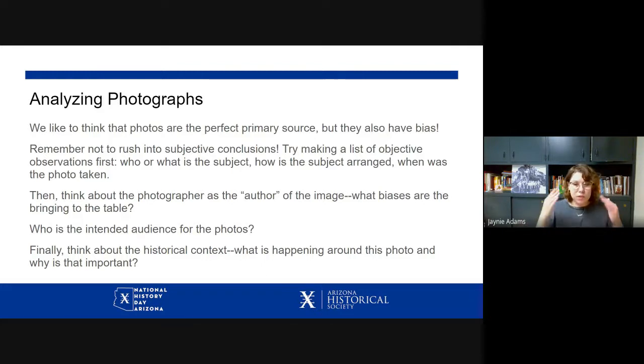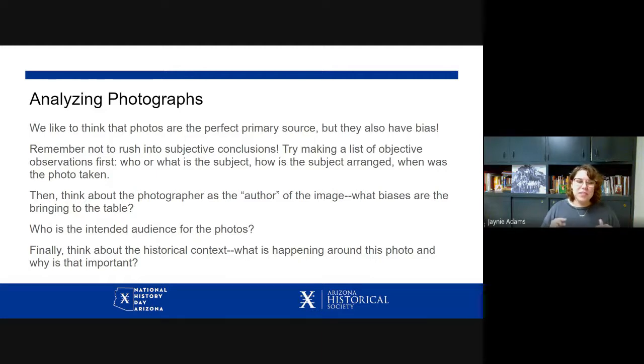And then finally, once you've done all that, you want to think about the historical context. What is happening around this photo and why is it important? I think I got that backwards.